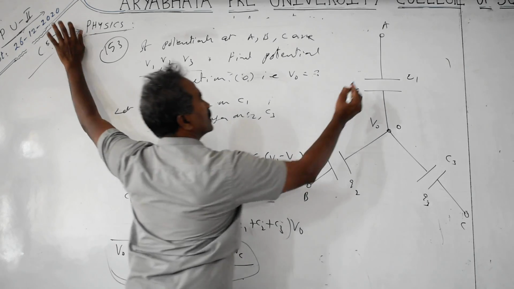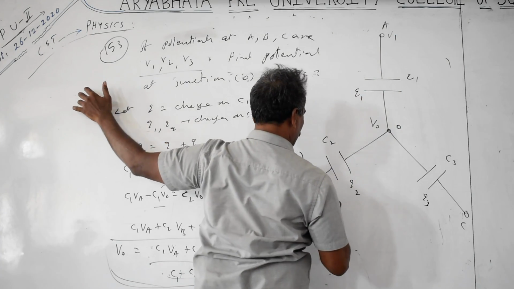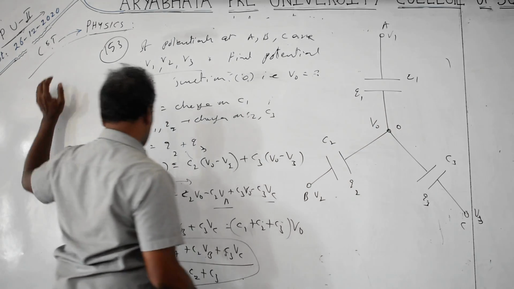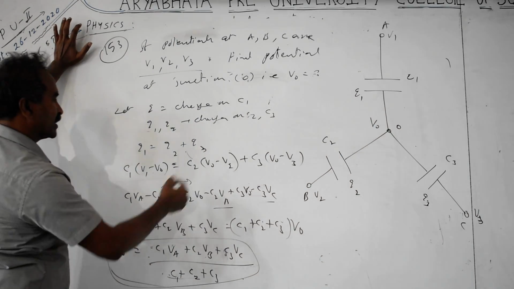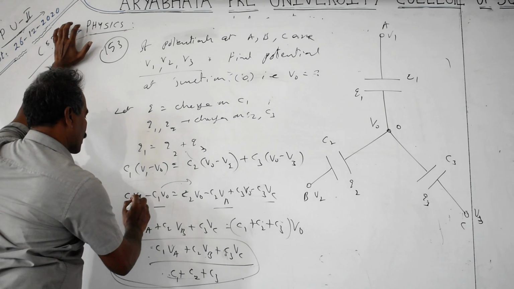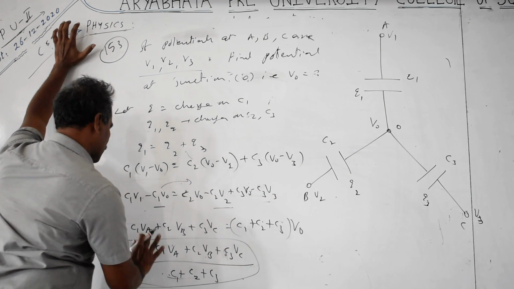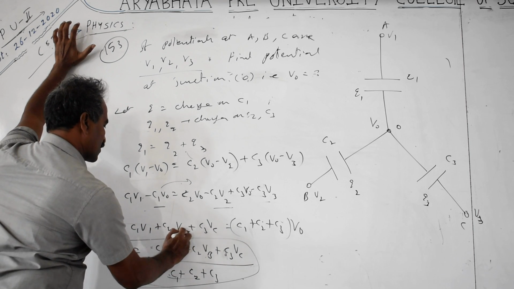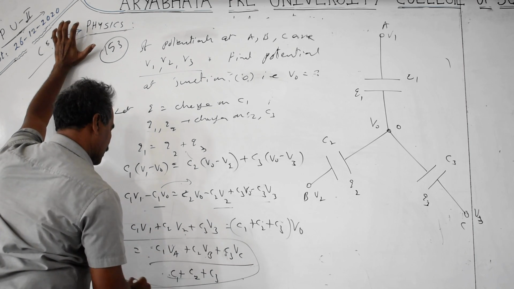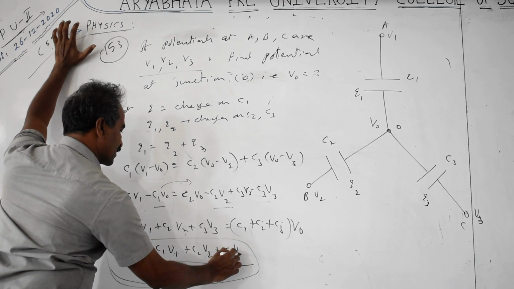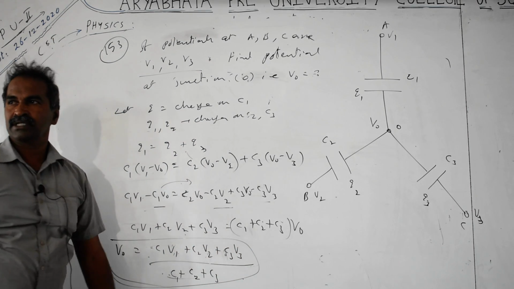Sorry, I forgot that I took it as ABC. This is 1, 2, 3. So the answer is C1 V1 plus C2 V2 plus C3 V3 by C1 plus C2 plus C3.